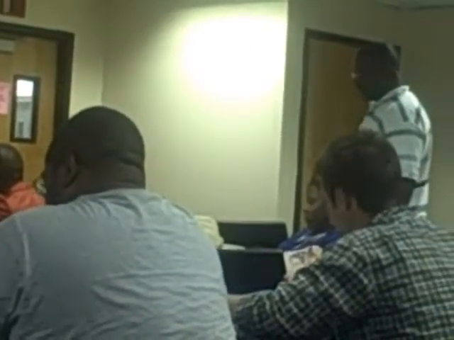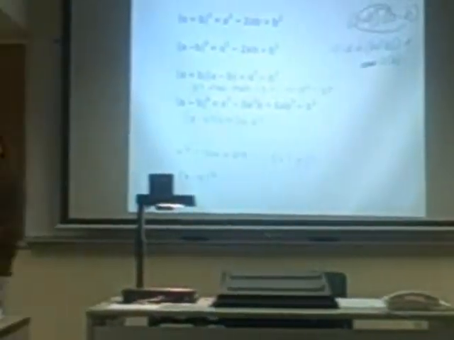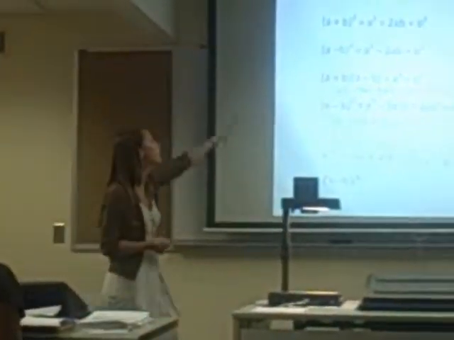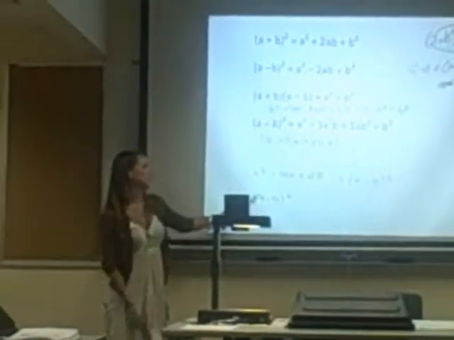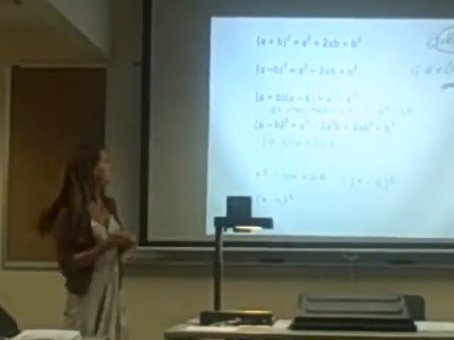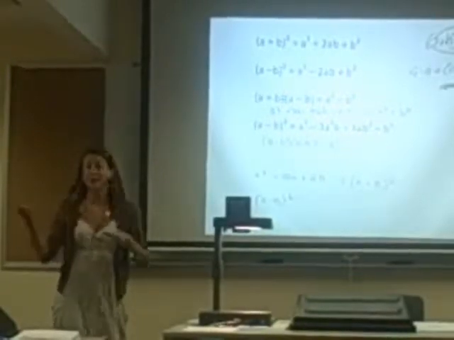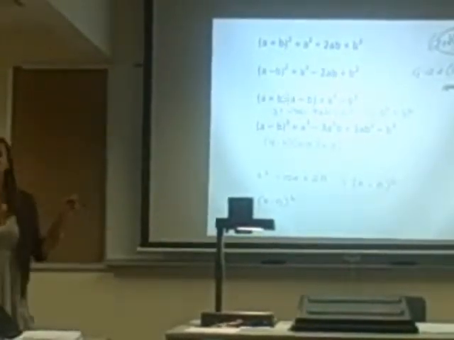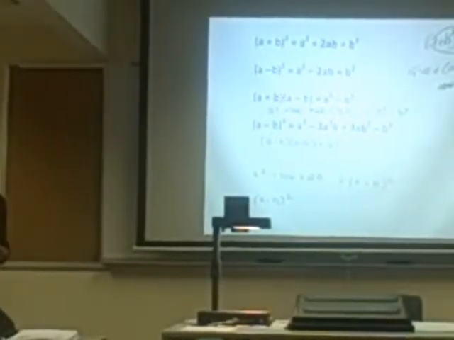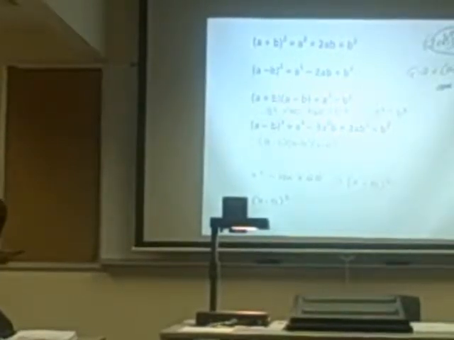Now say we had been given the x minus 5 squared, which one of these formulas is similar to the x minus 5? Does anyone know which one of these four looks similar to this? Good job. Do you want to come up and plug in the numbers to solve for the x minus 5 squared?